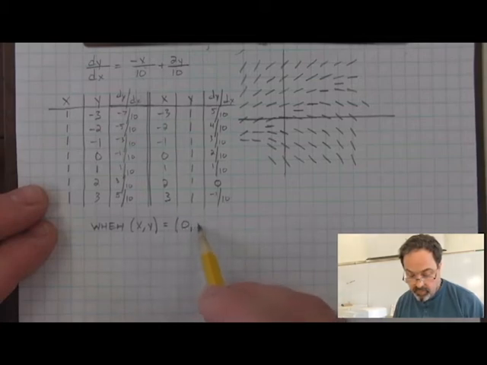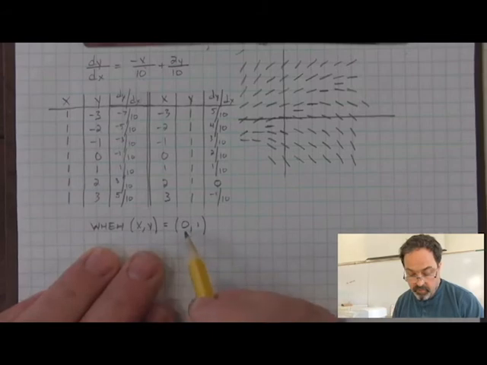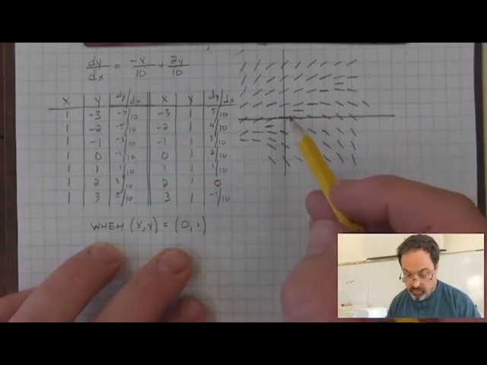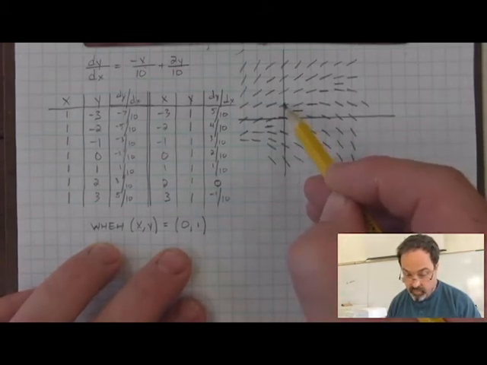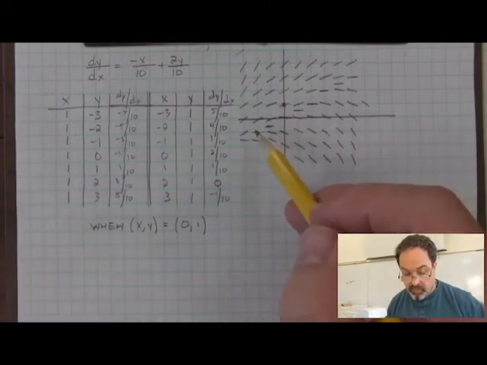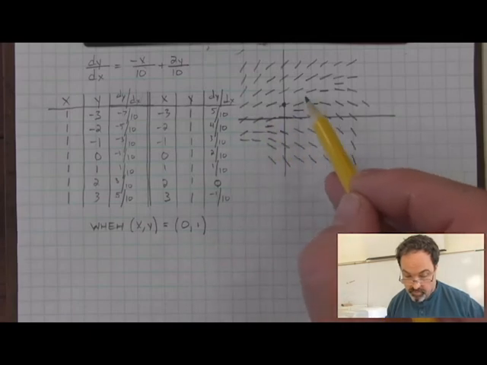And in this case, to practice, when x and y is equal to the point 0, 1, that means that we're going to graph the function that is going to go through this point 0, 1. So we have the slope field to give us the trend or general shape of this function.